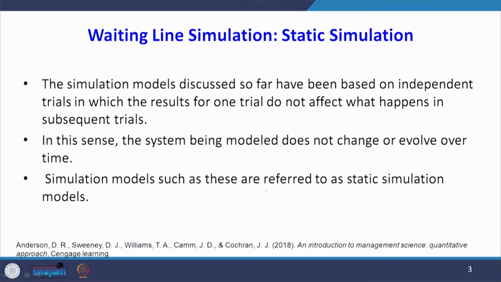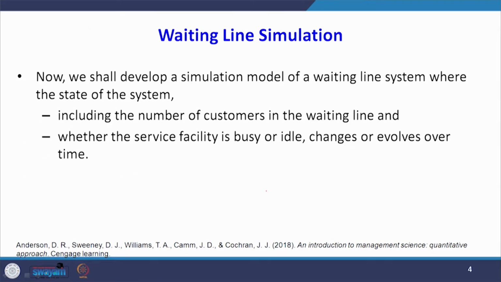But in this class we are going to discuss dynamic simulation. What is the meaning of dynamic simulation? The outcome of one trial will affect the outcome of other trials. The model which I have discussed so far is called Monte Carlo simulation, which is independent of time. But in this class we are going to discuss dynamic simulation, the waiting line simulation.